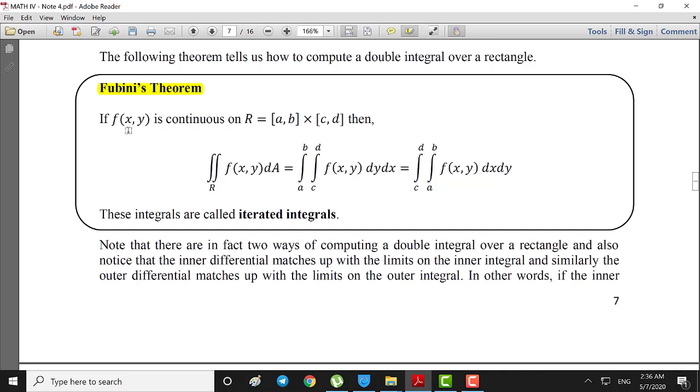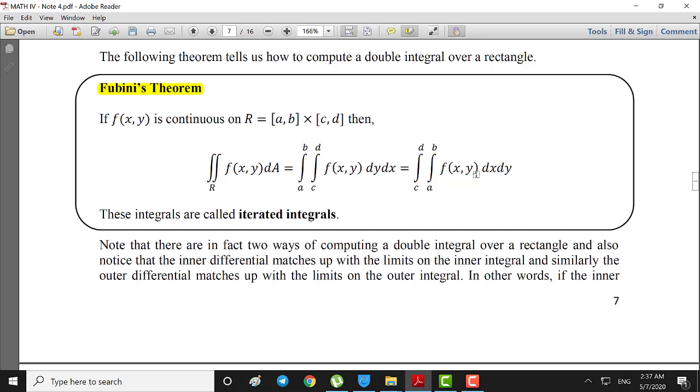It says if f of x and y is continuous on the rectangle R with x from a to b and y from c to d, then the double integral of f over R is equal to the integration from a to b of the integration from c to d of f of x and y, and that is equal to the integration from c to d of the integration from a to b of f of x and y.